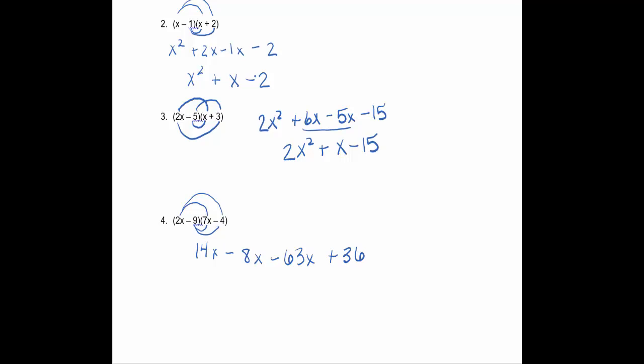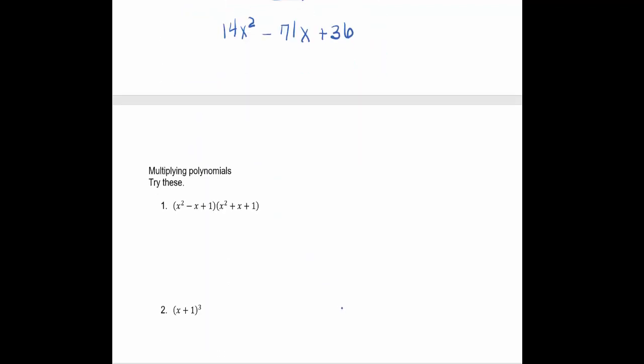A negative and a negative makes a positive. Combine your middle terms, your like terms. Oh, excuse me, 2x times 7x should have been 14x squared. 14x squared minus 71x plus 36.